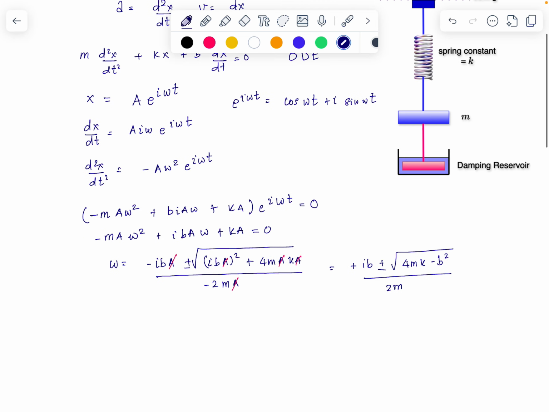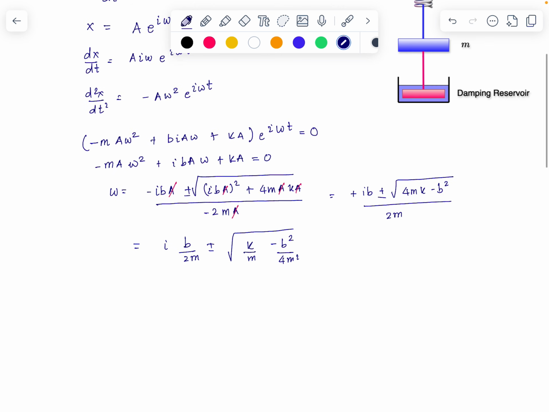We can simplify this further and write it this way: i times b divided by 2m plus or minus the square root of k divided by m minus b square divided by 4m square. So we found the two roots of omega.